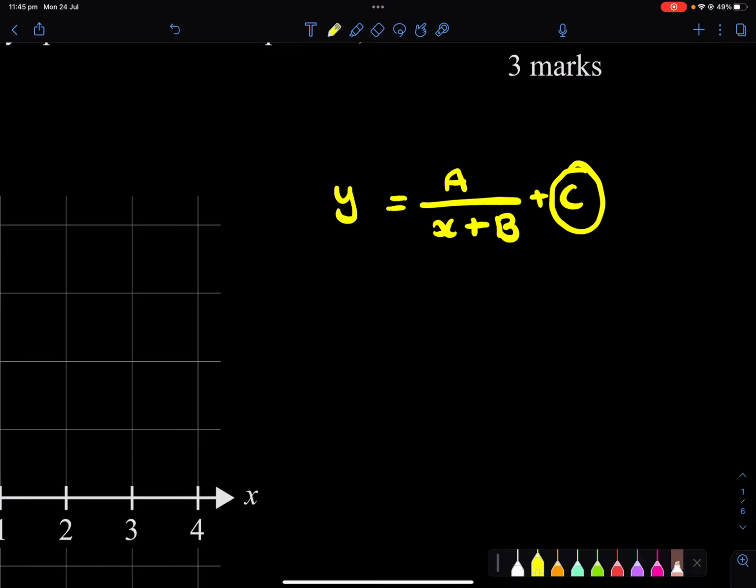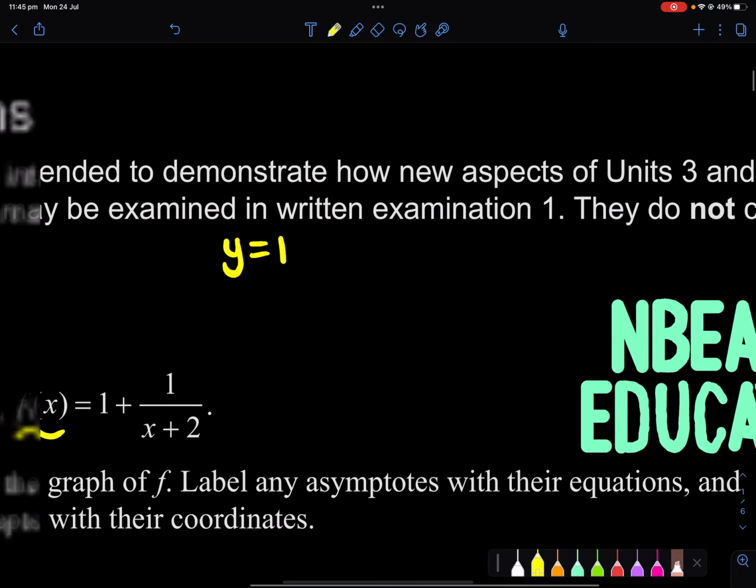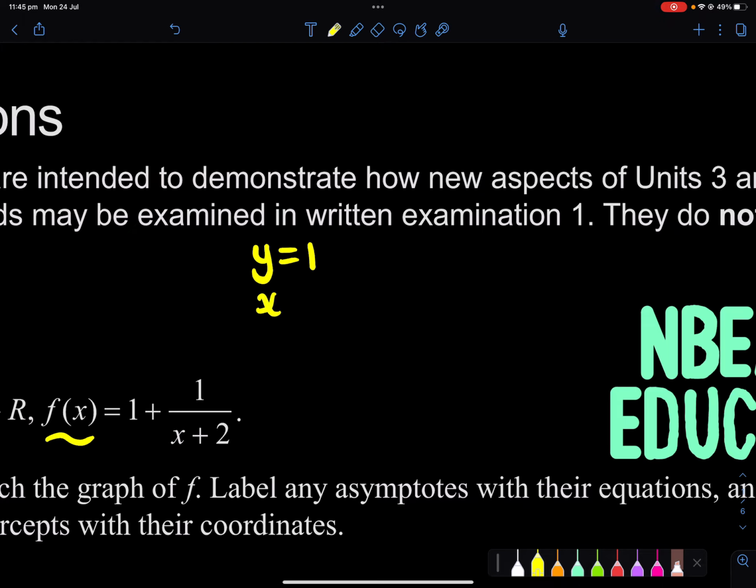Now, we also have another asymptote, which we call a vertical asymptote. To get that asymptote, we look at the denominator and solve it by letting it equal 0. For example, x plus b equals 0, where x is equal to negative b. This is another asymptote, x equals negative b.